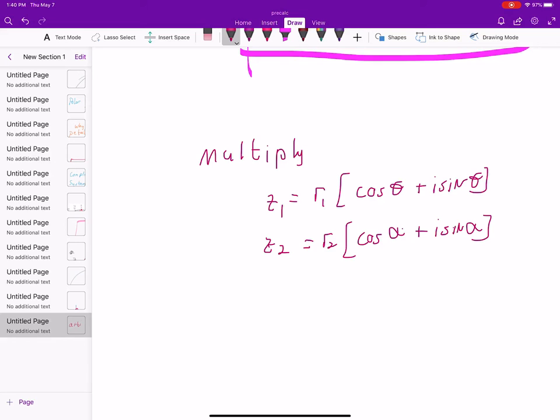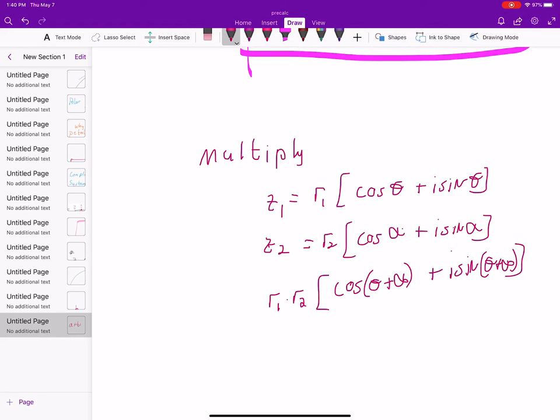Then if you want to multiply those, you're going to multiply the R values, R1 times R2, and then add the angles. So that would become theta plus alpha, and of course you do the same thing on the sine side. So that's how the theta would change if you multiply them.